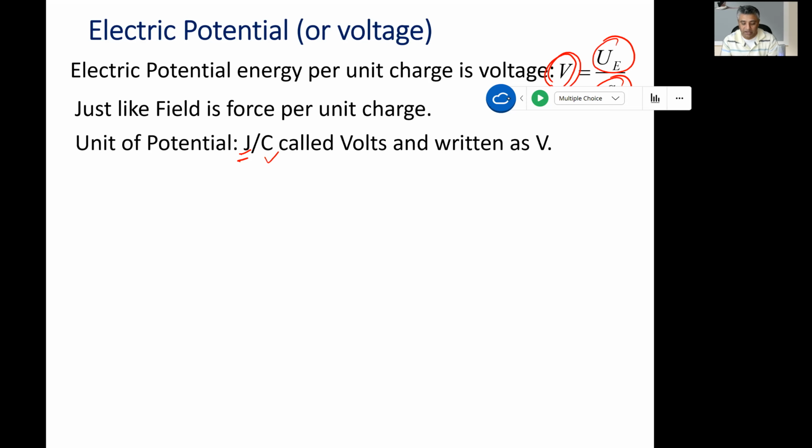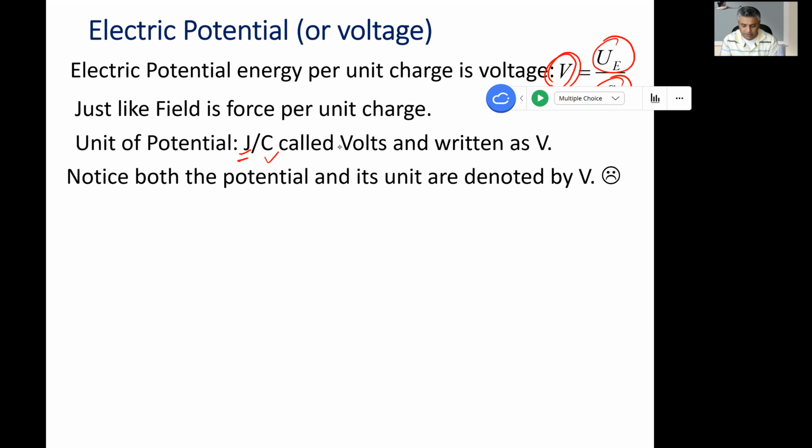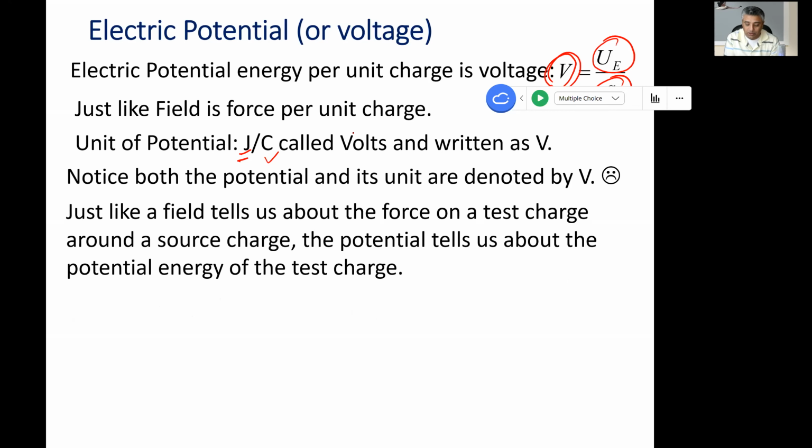So we'll talk about difference pretty soon. One thing here: the unit volts, we denote that by uppercase V as well. When we write volts, maybe we write lowercase v, not the uppercase. Sorry about that.